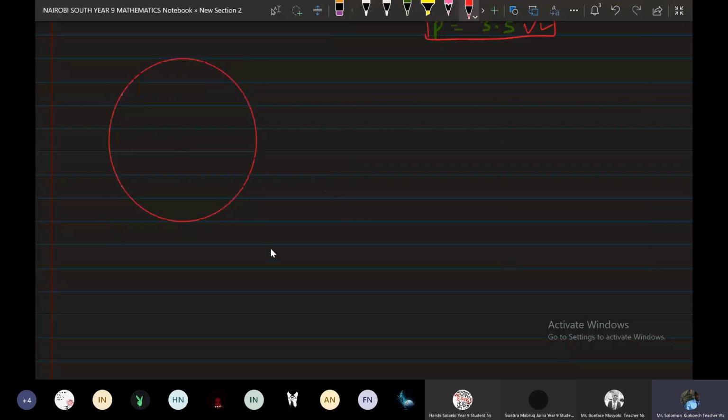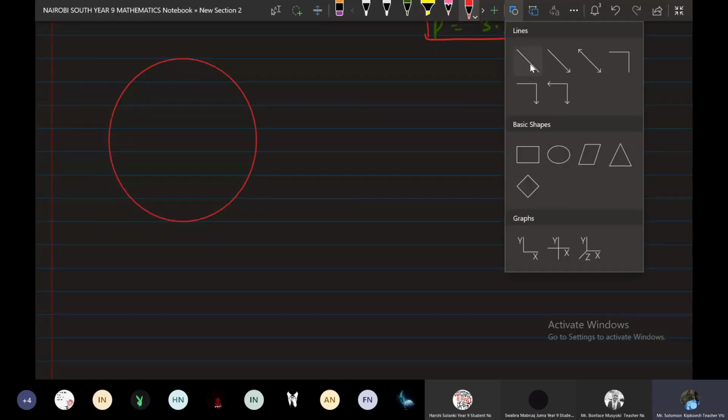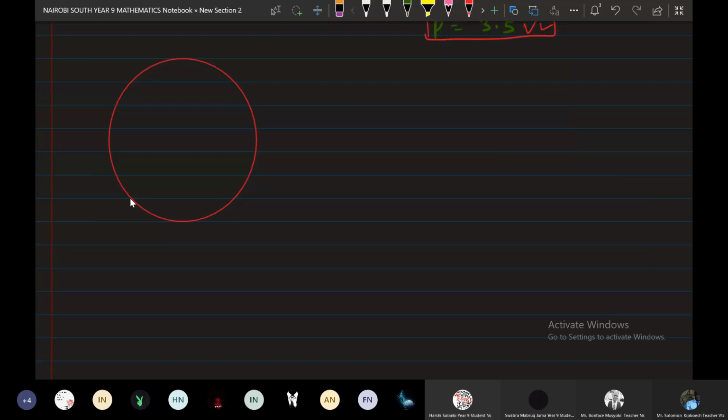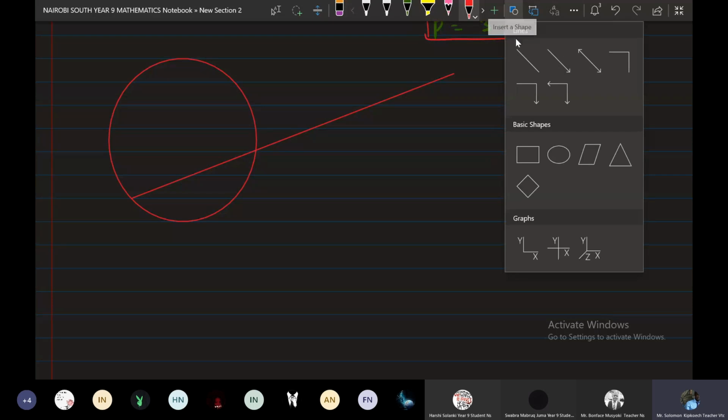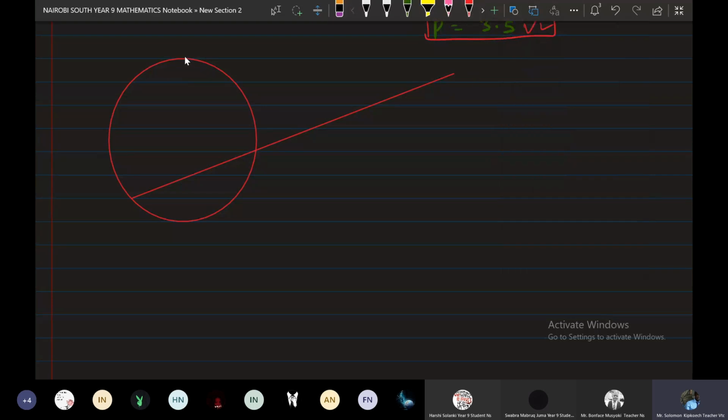Then after that, I draw a chord like this. Then I also take the line. I take the line here, I put it there.